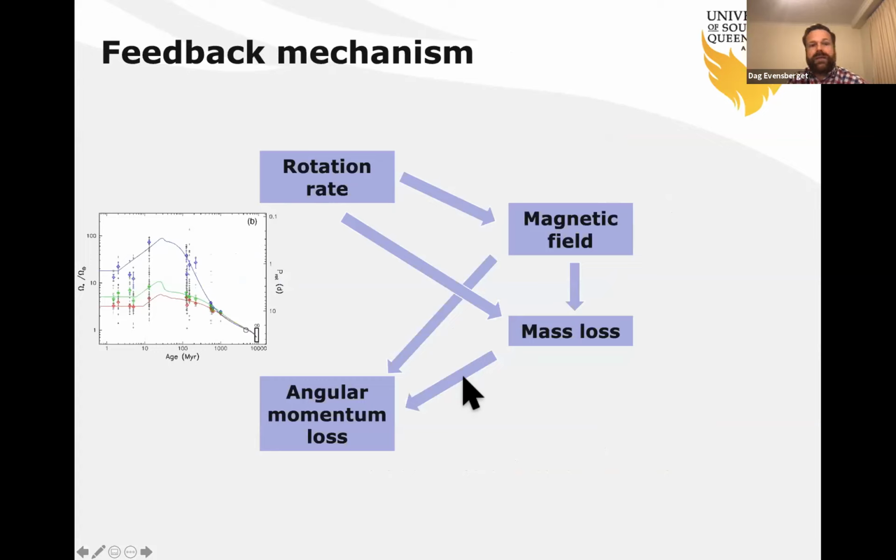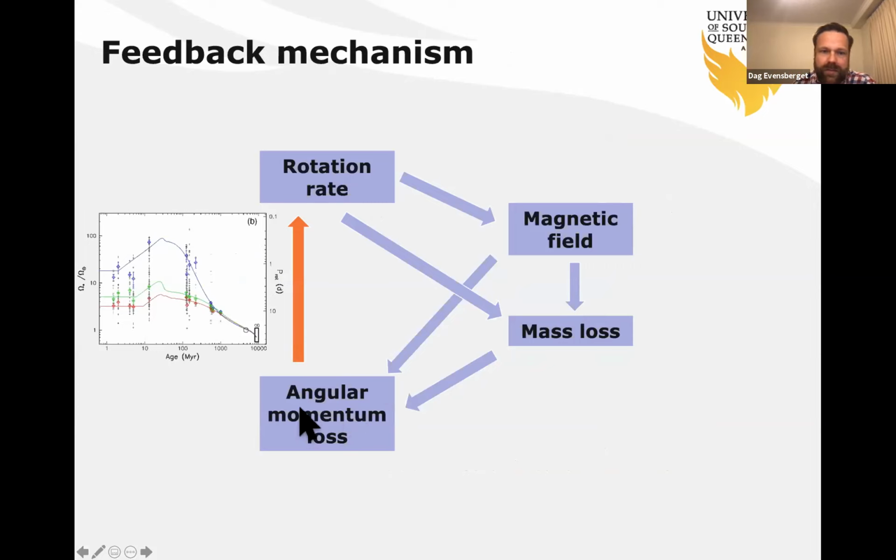So this is caused by a feedback mechanism, where the rotation rate is the main factor that determines the magnetic field through the stellar dynamo. The magnetic field and the rotation rate then determine the mass and the angular momentum loss of the star.